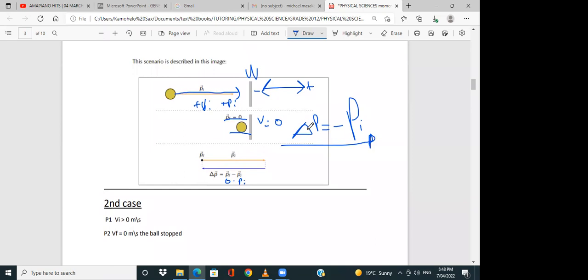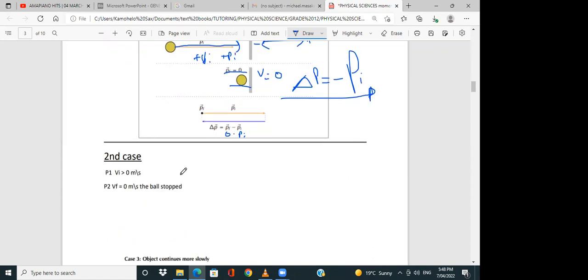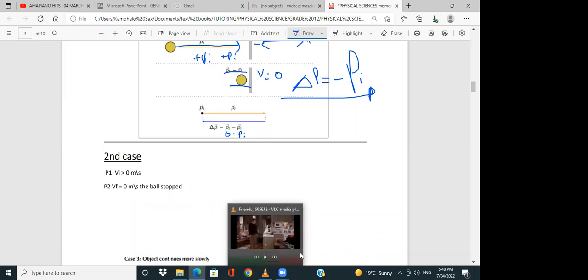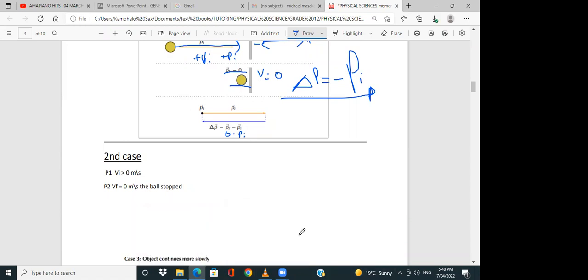If you get an object, like a car, a box, a ball, a man running, those can give you a lot of different examples.